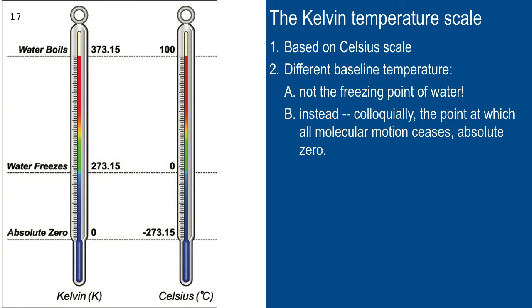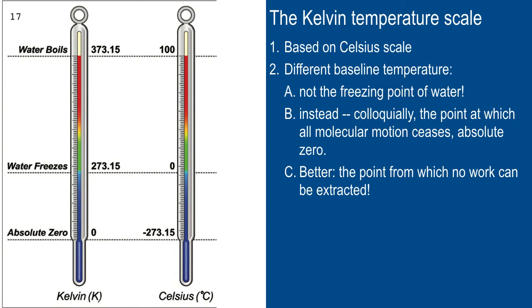Now, the problem with that is that in quantum physics, nothing ever stops oscillating. There's always quantum waves waving. But for that reason, it's better to say that the 0 point, known as absolute zero, is the thermal point from which no more work can be extracted.